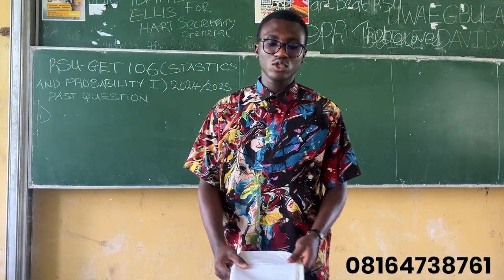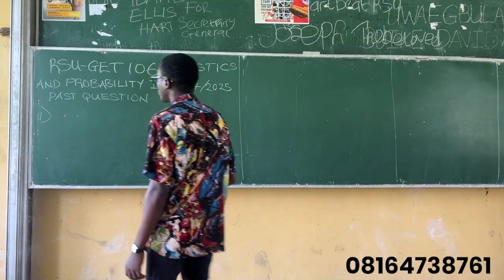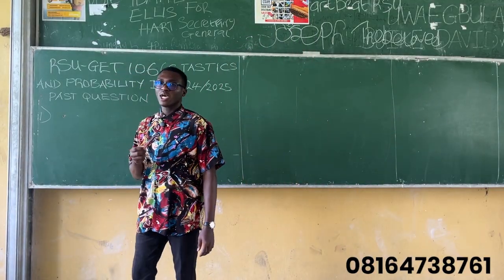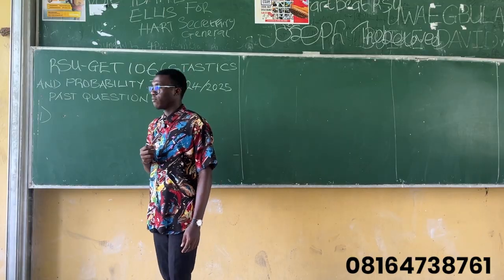We'll be looking at the first question, which says succinctly explain the two main types of probability.